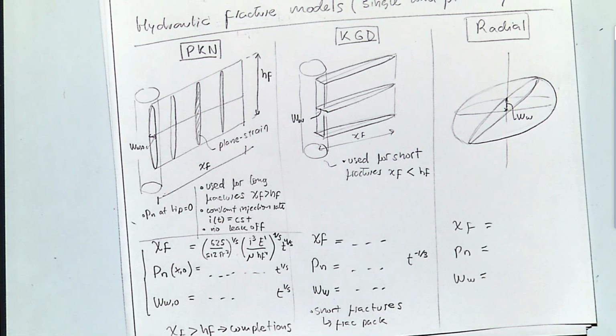Anyone notices what we are missing? I'm going to give you a little bit of help. What did we say about fracture length? What happens when the fracture is too long? What do we disregard when the fracture is too long?